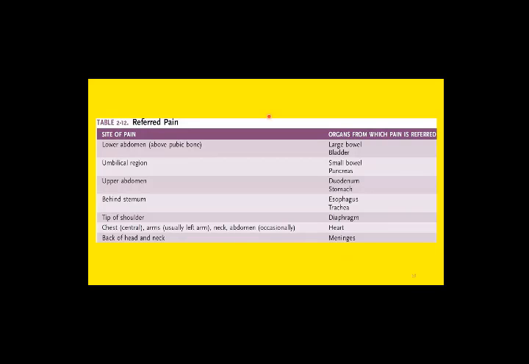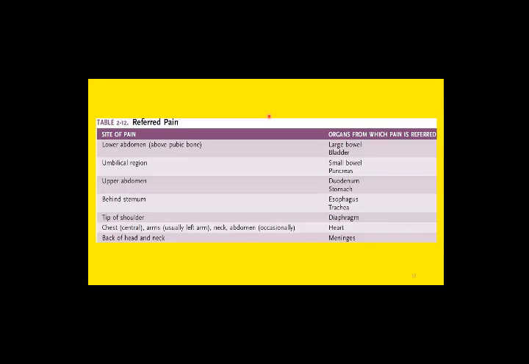The pain which is felt at a remote site, away from the site of origin. I repeat, any pain which is felt or experienced at a remote site, or you can say away from the site of origin, is called referred pain.